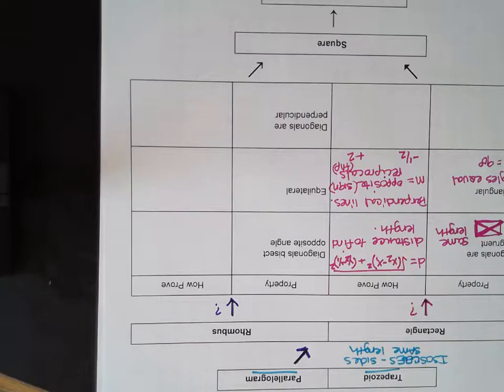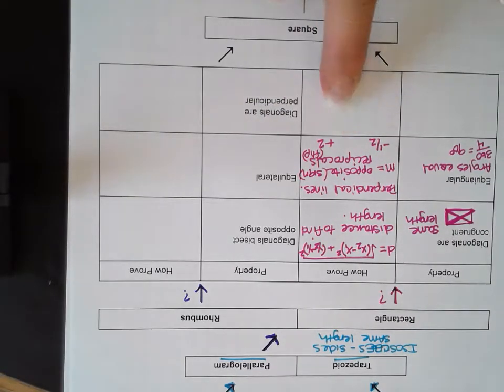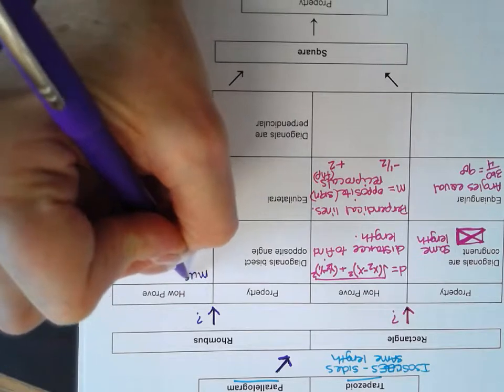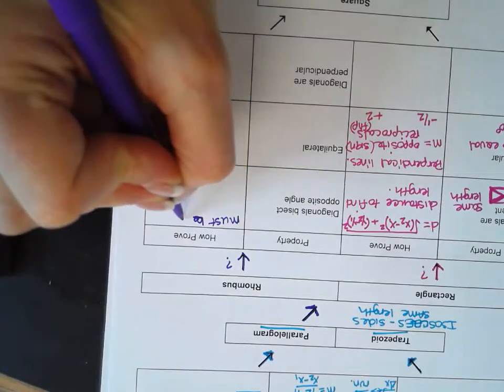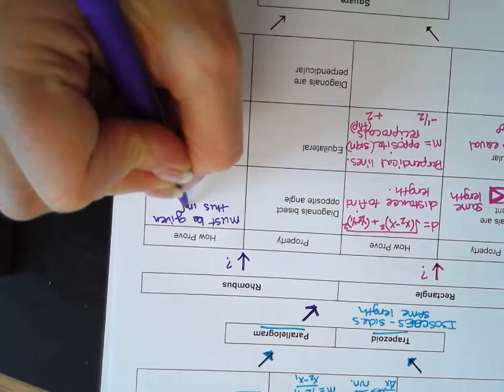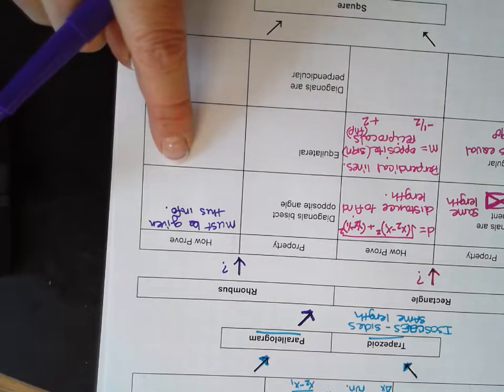Do we have a method, like the distance formula or perpendicular lines, that is going to tell us that diagonals bisect an angle? Only unless they give you that information, okay? So that one tends to not be a really useful one.